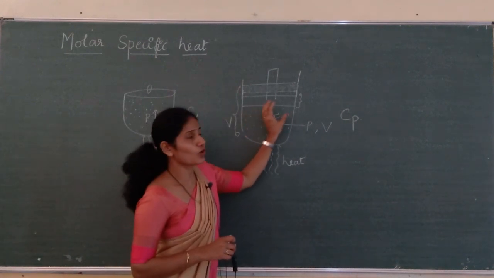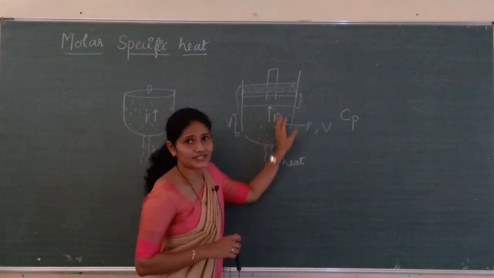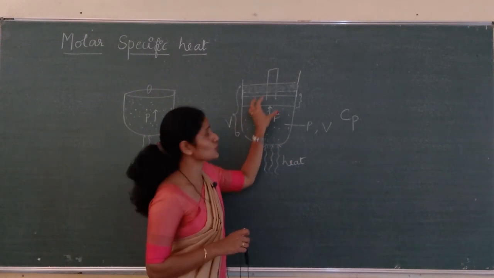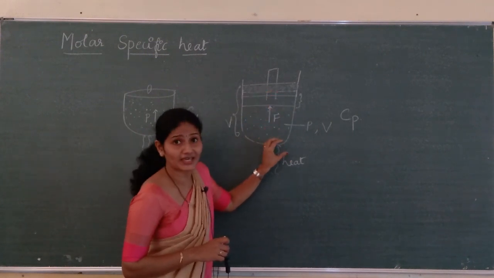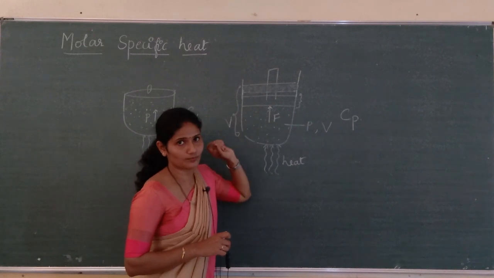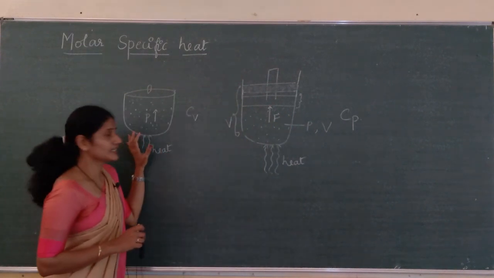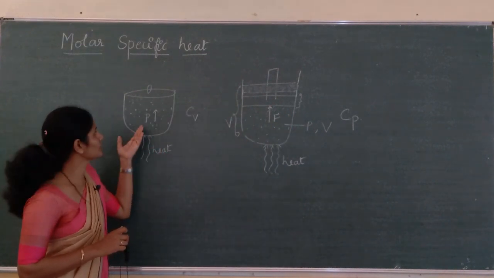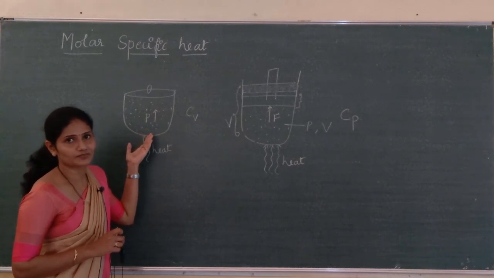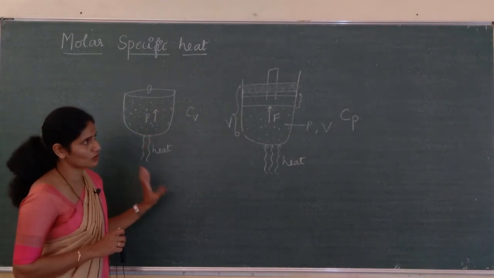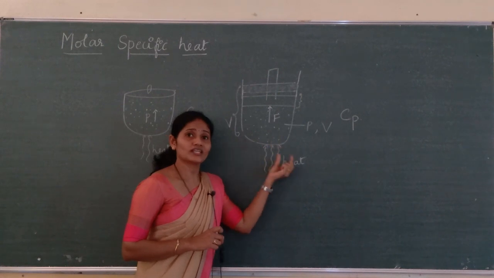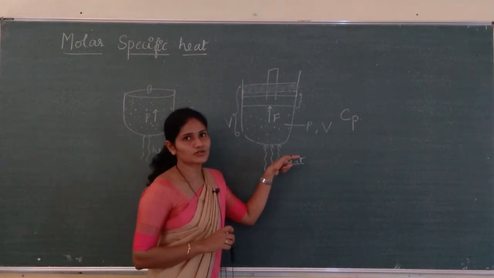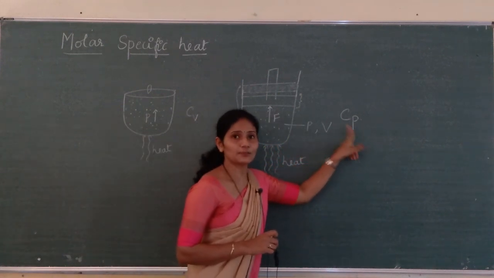Here the gas molecules are heated up and they apply force on the piston. So, work is done by the gas molecules. In the Cv case, when the gas molecules are heated, there will not be any work done because the volume of the system remains constant. But here the work is done by the gas molecules in case of Cp.